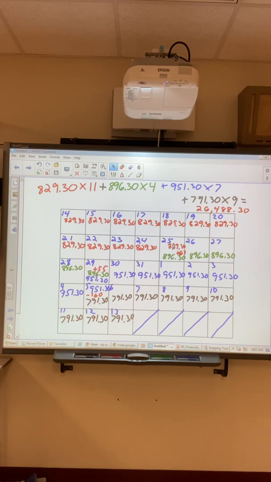We divide by how many numbers there are. How many numbers did we just add up?